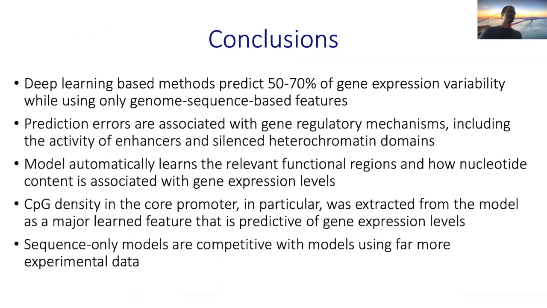The model is capable of automatically learning some biologically relevant functional regions, such as defining quantitatively the region of a promoter. And it makes a specific prediction as to the relationship between CpG density in the core promoter and gene expression levels. This sequence-only model is competitive with models that use far more experimental data as well.